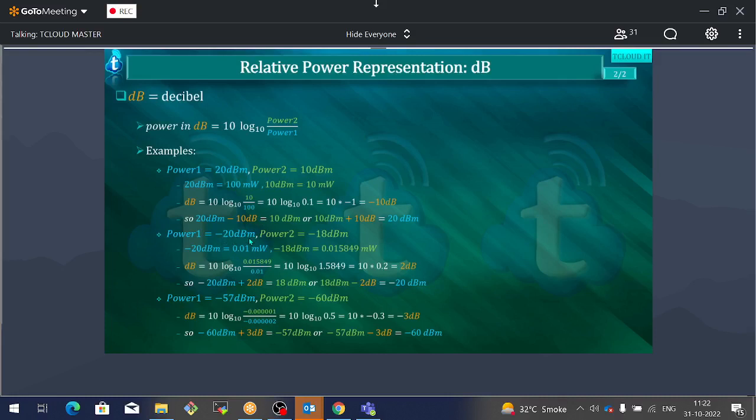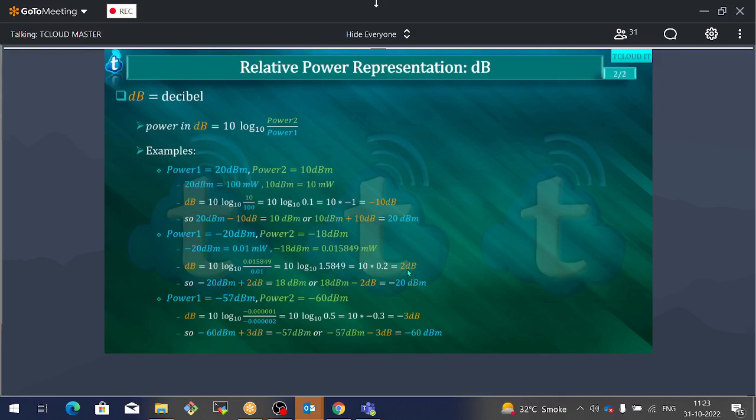So we are transmitting minus 20 dBm, and the second power is minus 18 dBm. Actually, there is a power gain that happened here between these two powers. Minus 18 is bigger than minus 20. Minus 20 dBm, if you convert it into normal milliwatt, is 0.01 milliwatt. Minus 18 dBm is 0.01849 milliwatt.